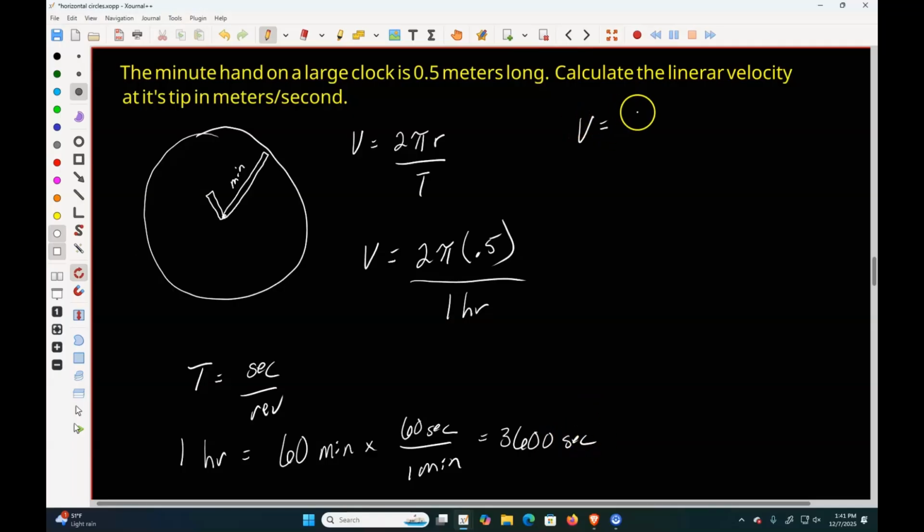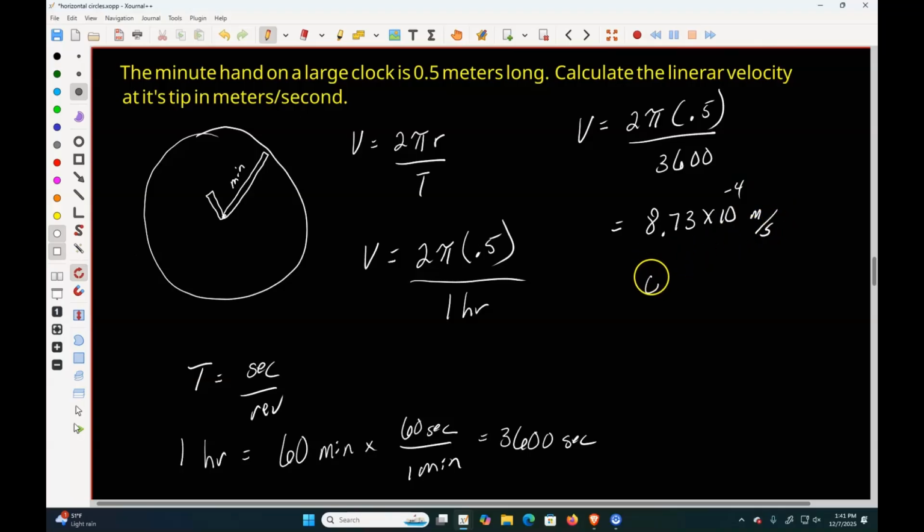So velocity is going to be 2 pi times 0.5 over 3,600. This will be our meters per second. If I calculate this, I will get 8.73 times 10 to the negative 4th meters per second.